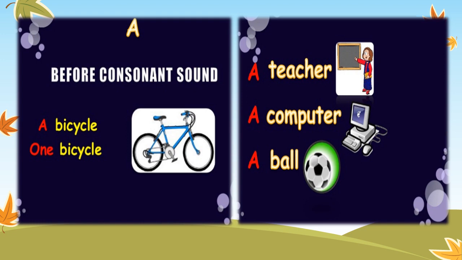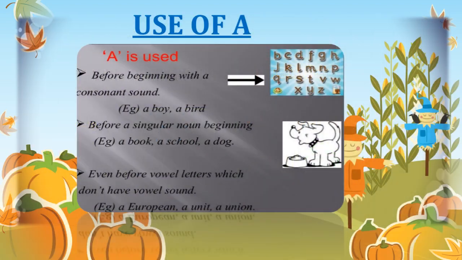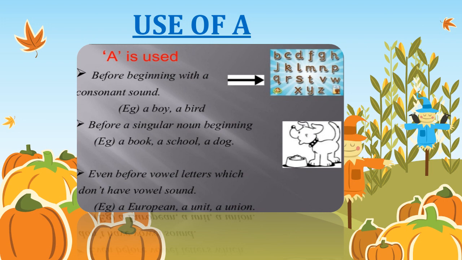So we use A with them. A is used before words beginning with a consonant sound. For example, a boy, a bird. The words boy and bird begin with a consonant sound B. So, we use A.